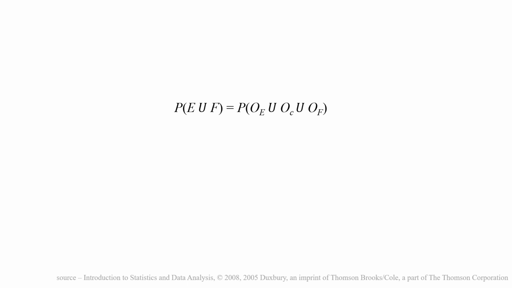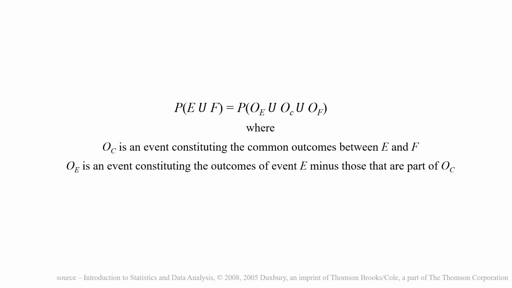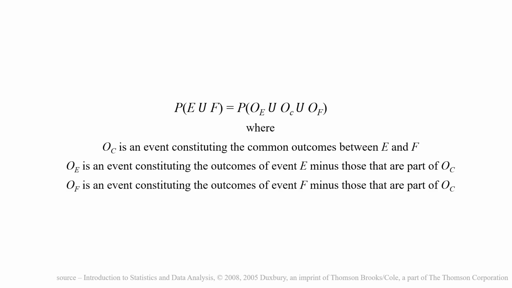Probability of E union F equals probability of OE union OC union OF, where OC is an event constituting the common outcomes between E and F, OE is an event constituting the outcomes of event E minus those that are part of OC, and OF is an event constituting the outcomes of event F minus those that are part of OC.